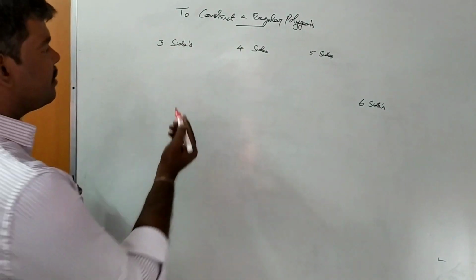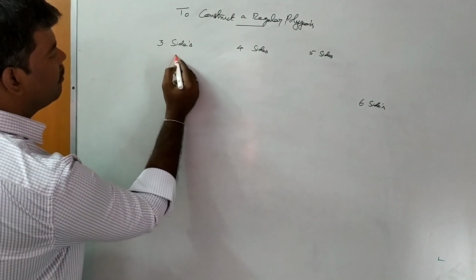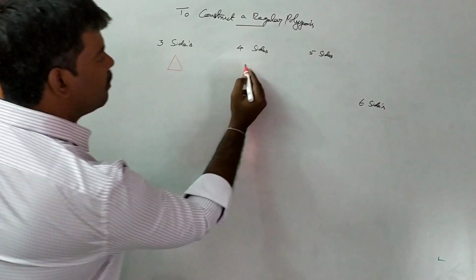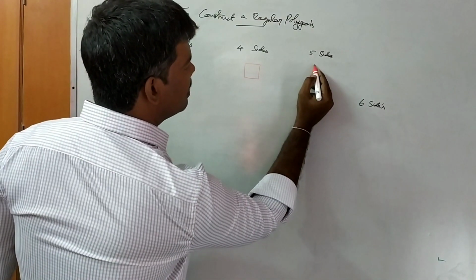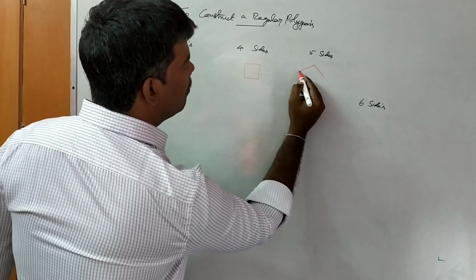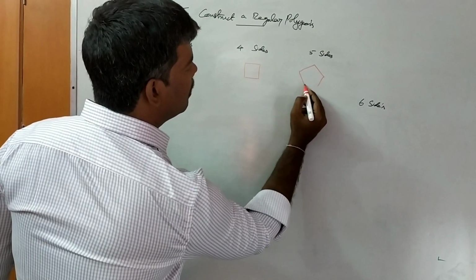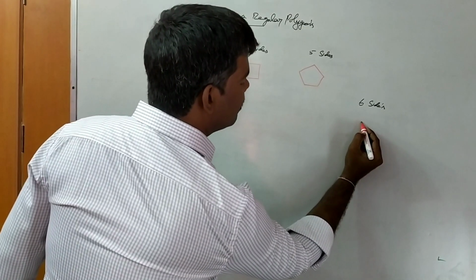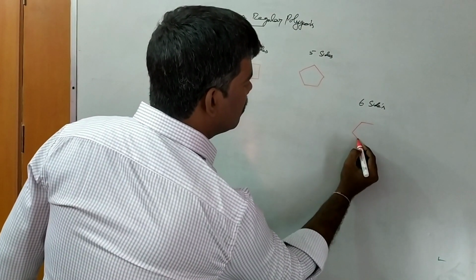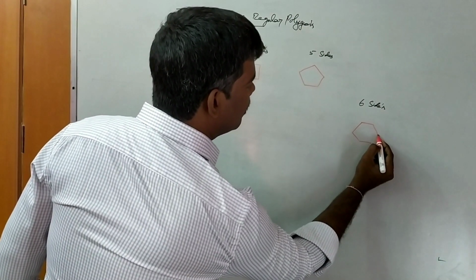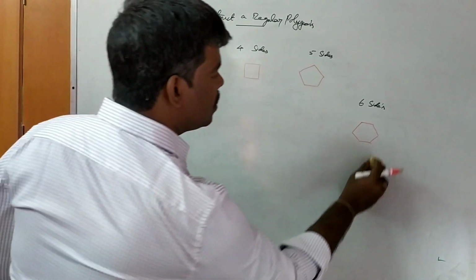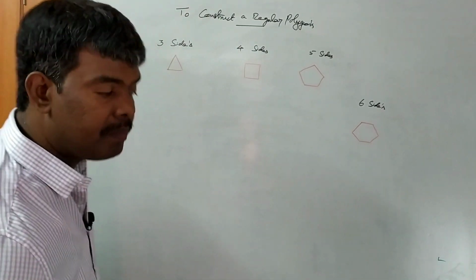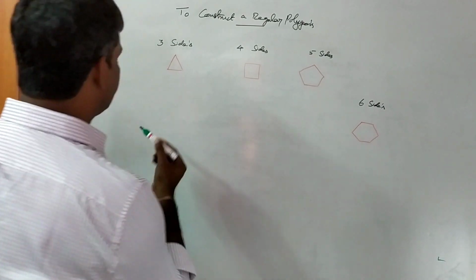So 3 sides you know well, equilateral triangle, 4 sides square, 5 sides pentagon, 6 sides hexagon, like this. Clear? So it is very simple in basic.